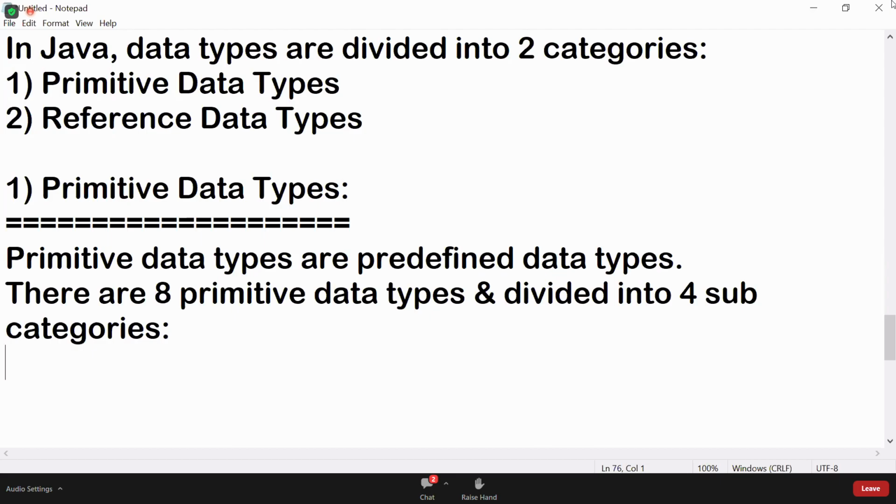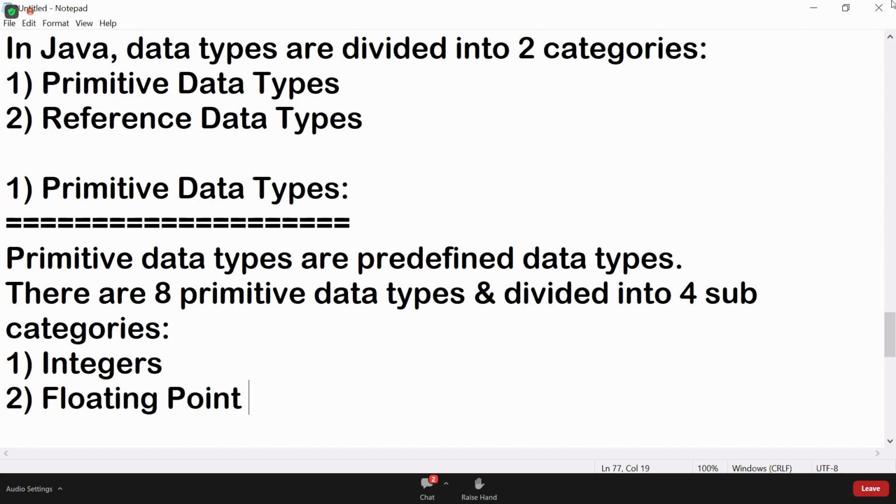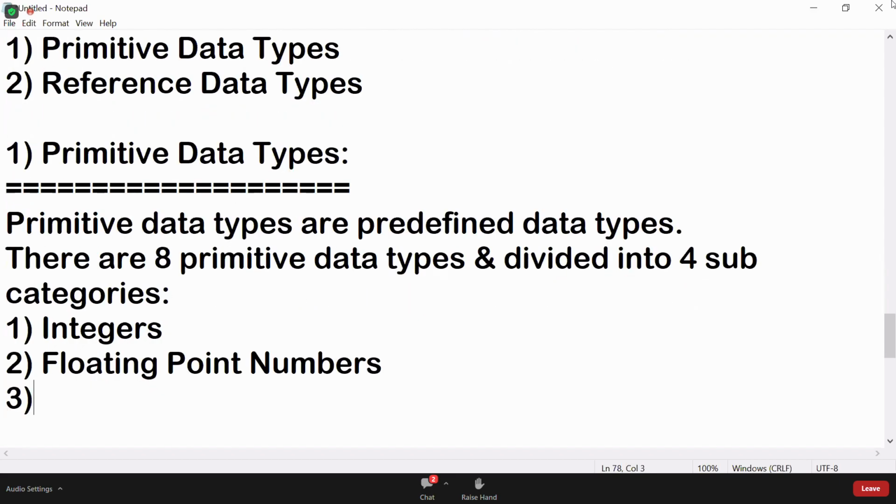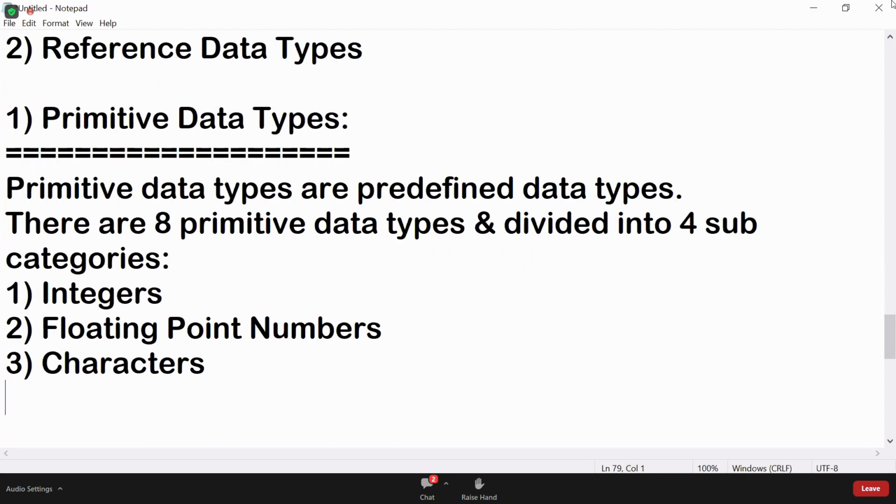So in Java, data types are divided into two categories: primitive data types and reference data types. Primitive data types are again divided into four subcategories. What are those? First one, integers. Second one, floating point numbers. Third one, characters.